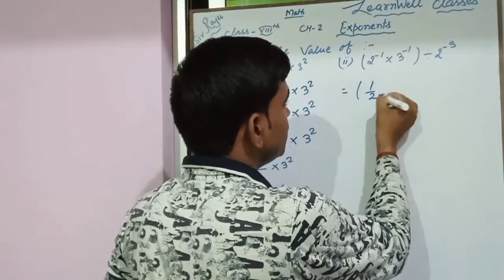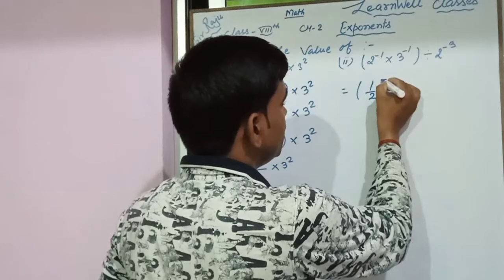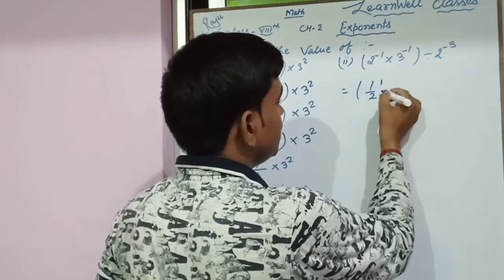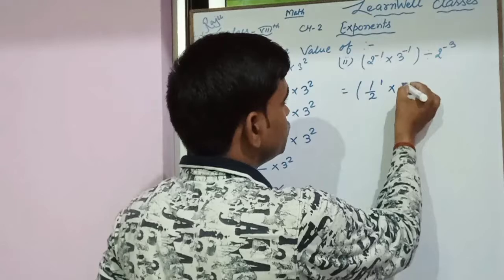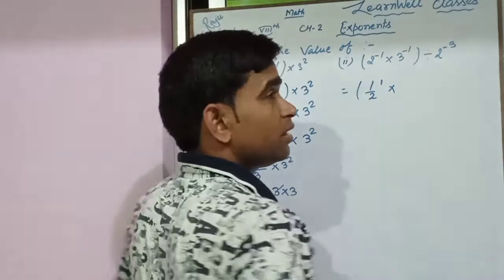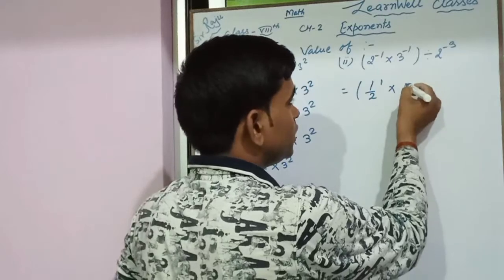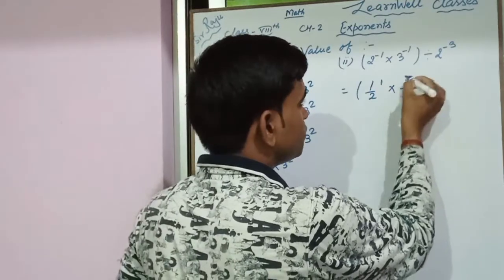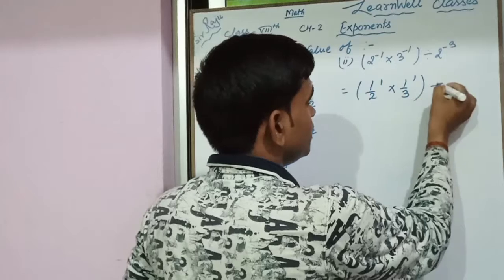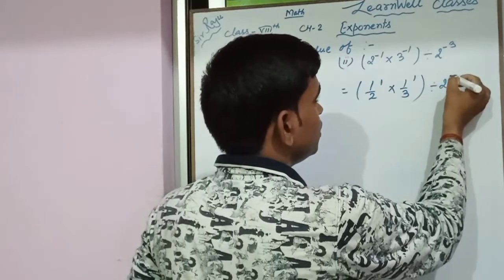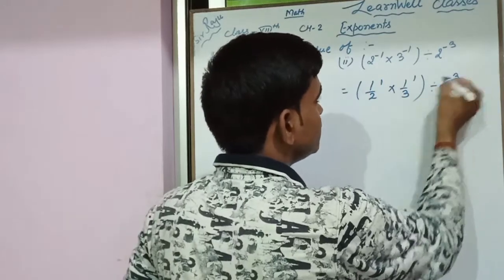So it will be 1 upon 2 raised to the power 1 into, its exponent is also in negative form, so it will be changed into reciprocal, divided by 2 raised to the power minus 3.